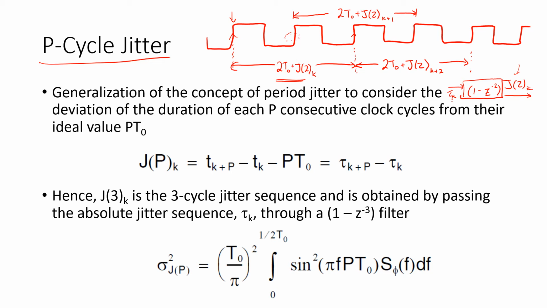What we showed here can be thought of as a special case for P equals 2. The period jitter that we defined in the last slide was also a special case of the P-cycle jitter where P equals 1.